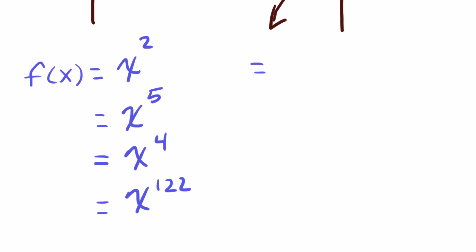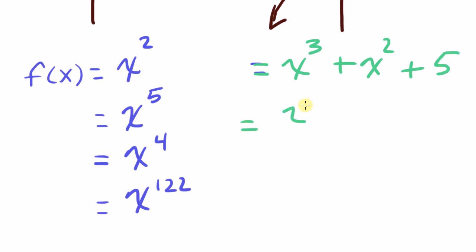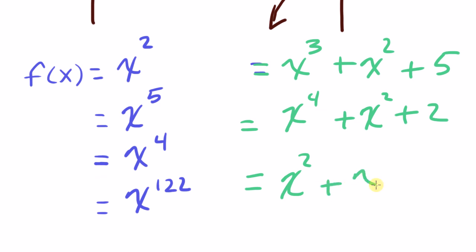Maybe we say x cubed plus x squared plus 5, x to the 4th plus x squared plus 2, x squared plus x to the 4th minus 5x, something like this. Then I'm going to switch over to red here. And all I want to know is, is x squared an even or an odd function?